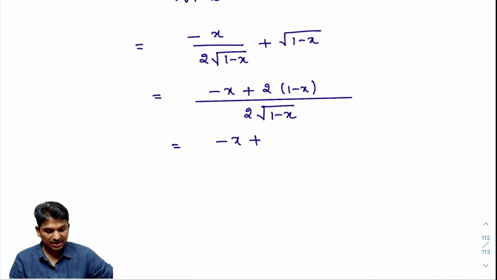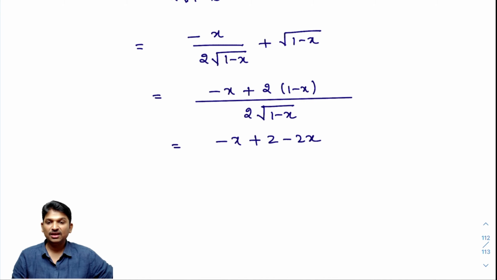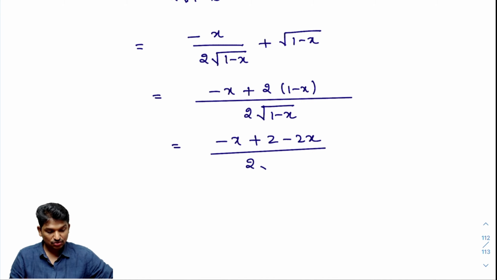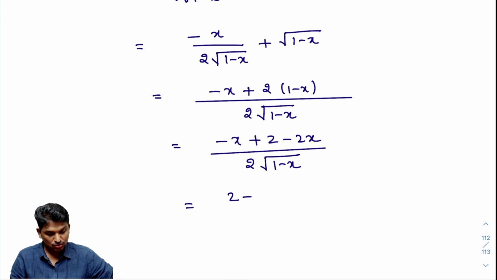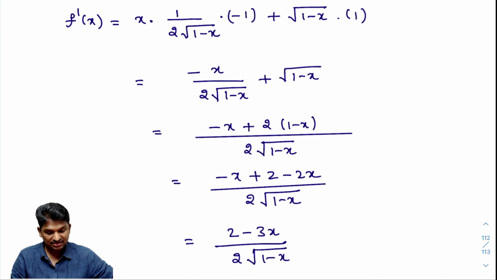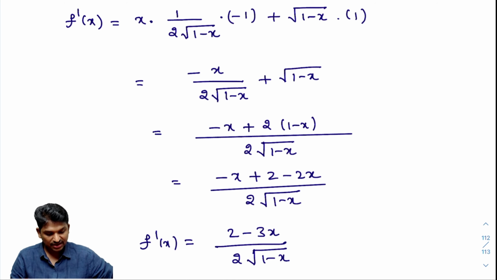Minus x plus 2 minus 2x, divided by 2 into root over 1 minus x, which equals minus x minus 2x, that is minus 3x, so 2 minus 3x divided by 2 into root over 1 minus x. What is this? This is f dash of x, right? This is f dash of x.